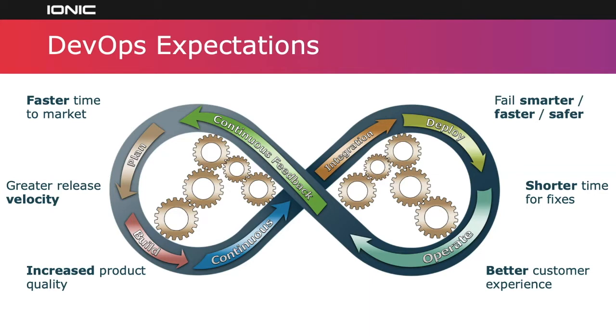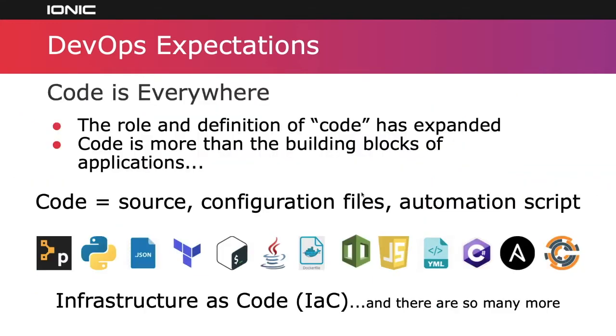Much of the DevOps emphasis has focused on shortening the time between code and shipped product. But what's been interesting over the last several years is watching the definition of code expand from the traditional sense of source code as we often think. So as we look around in our IT departments today, code is everywhere and part of everything.